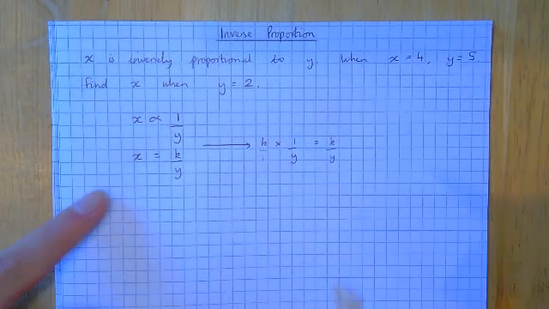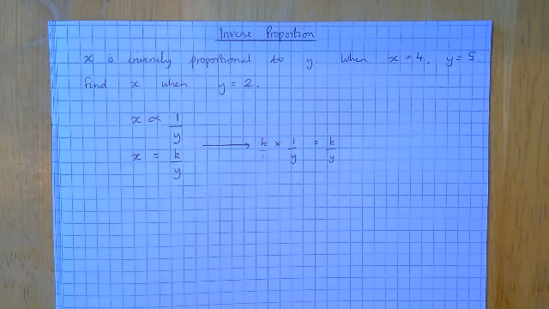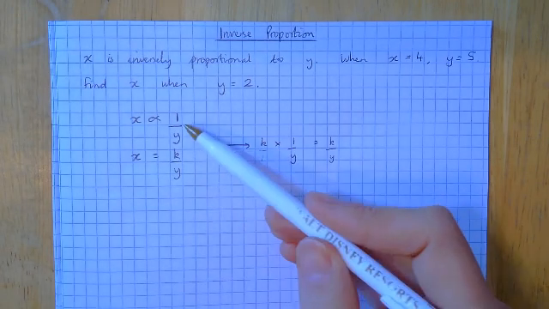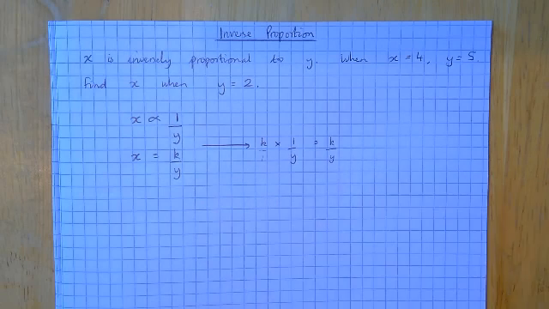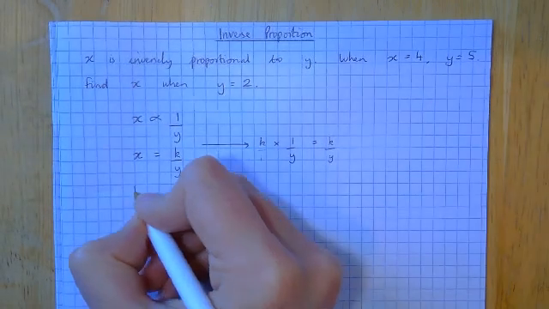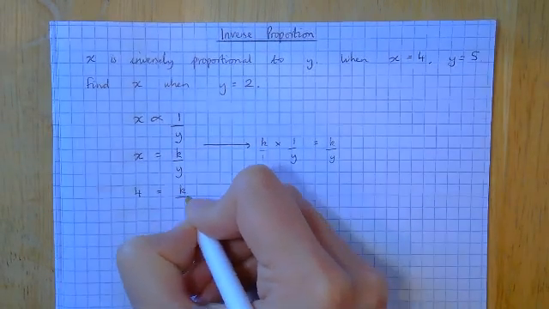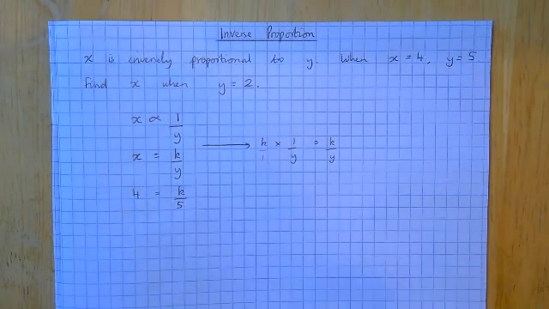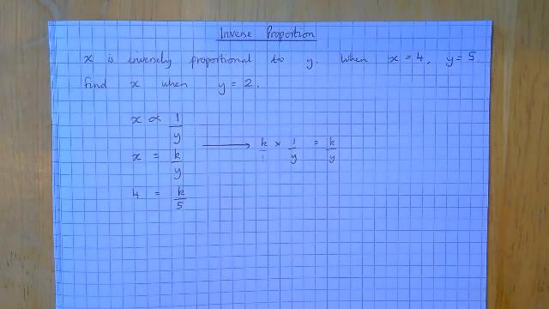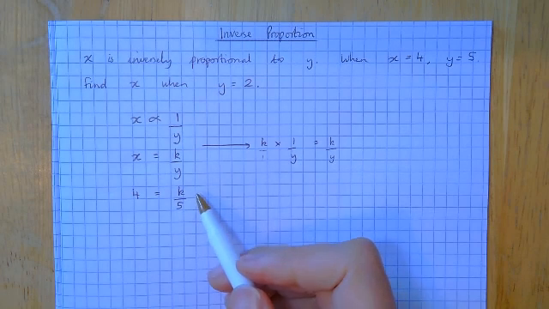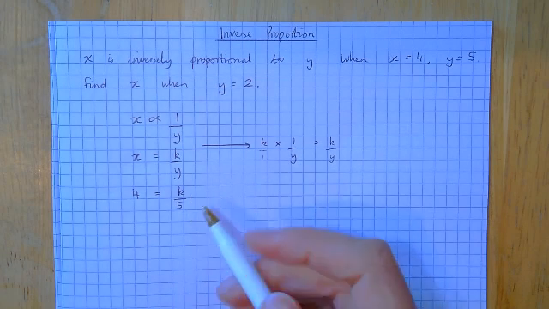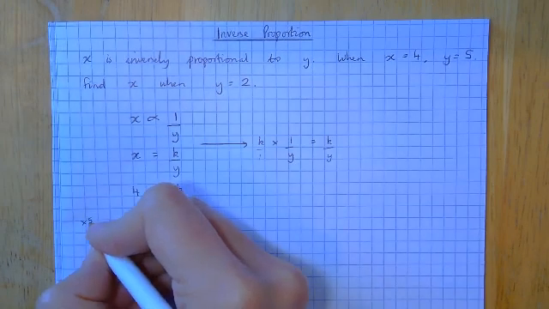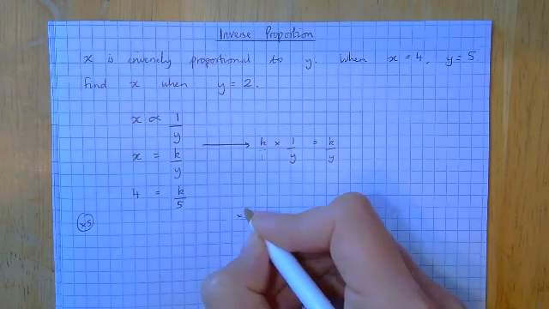So then we just stick the numbers in. We're still trying to find K, we're still trying to make ourselves an equation, and then we're still going to use the equation. That is the only thing that's changing. So when X equals 4, Y equals 5. Right, so now we're trying to find K. At the minute, my K is being divided by 5, so I'm going to have to times by 5.